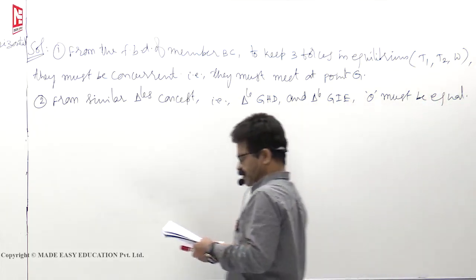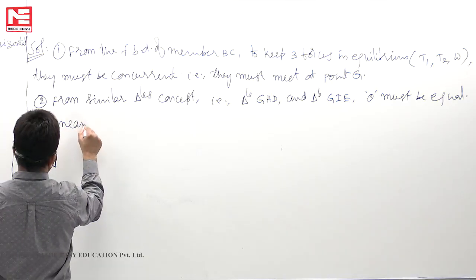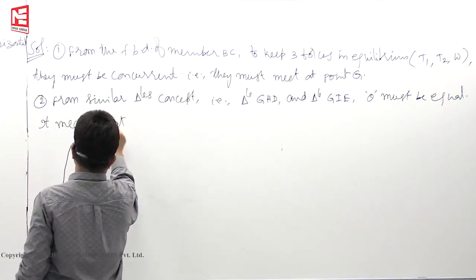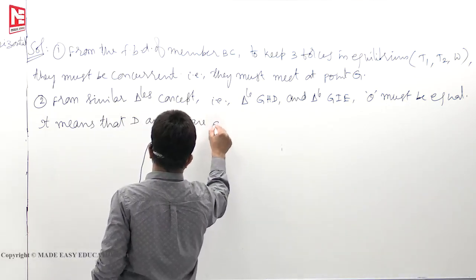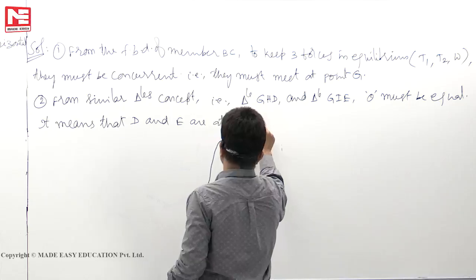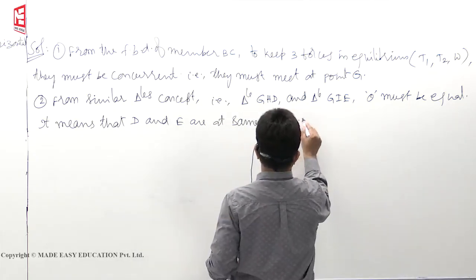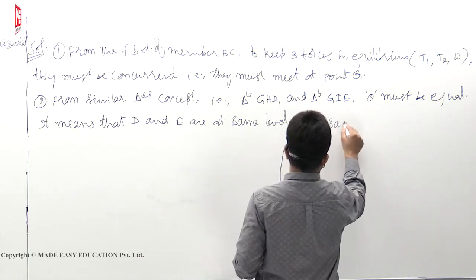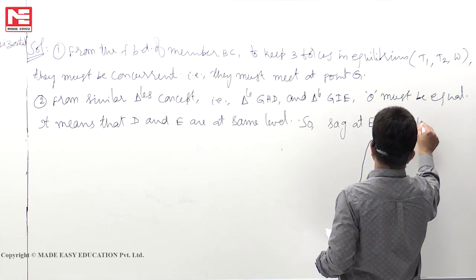It means that D and E are at the same level. So sag at E is equal to HE, which is equal to 1 meter.